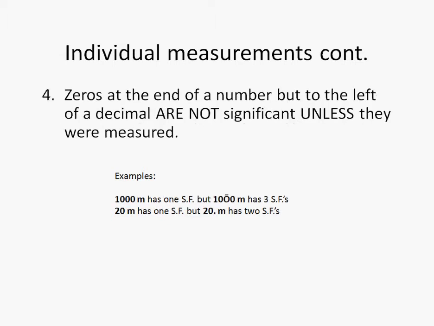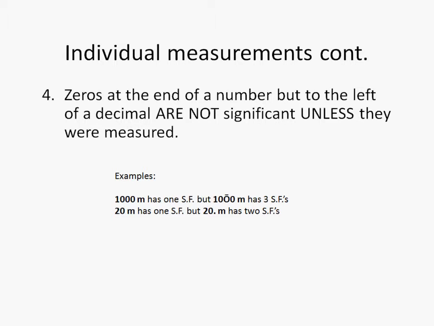Zeros, this is our fourth rule. Zeros at the end of a number but to the left of the decimal are not significant unless they were measured. So we have to use some mechanism in order to explain that our zeros which are at the end and to the left were significant if they were measured. The examples I have there are 100 meters or 1,000 meters has 1 significant figure.